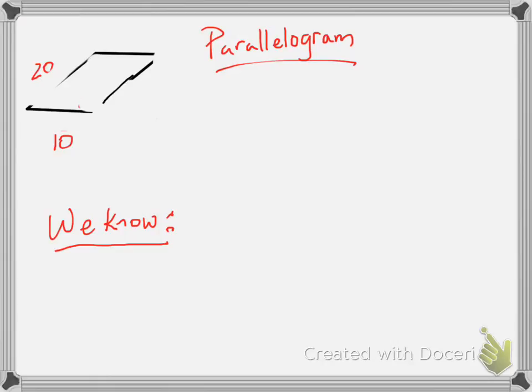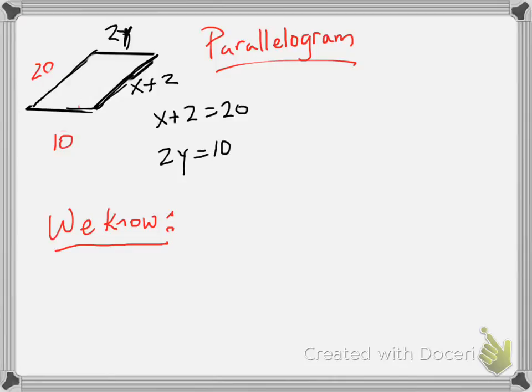Like if you know one side is 10, one side is 20, and you know the opposite sides are x plus 2 and 2y, you know that x plus 2 equals 20, and you know that 2y equals 10. You could find the missing variable.